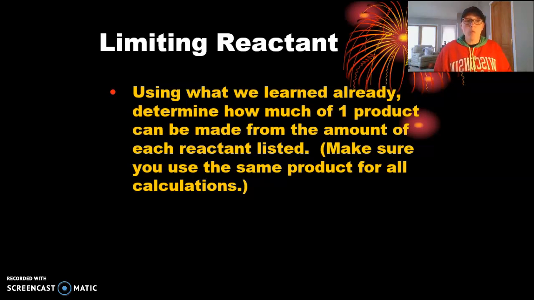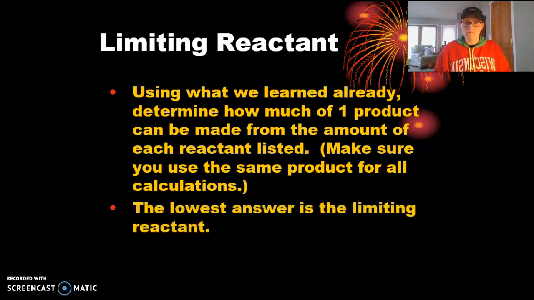We will work with both of the reactants we have to try to find out how much of one of the products we can make. We want to make sure that we go to the same product. Whichever one is able to make the least of the product is the one that we are going to have as our limiting. So whatever makes the least of the product, that is the limiting reactant.